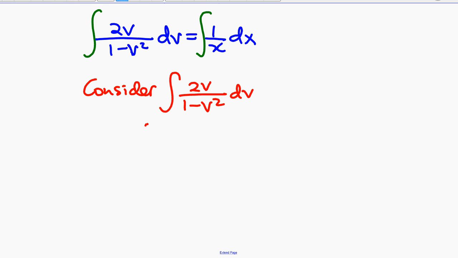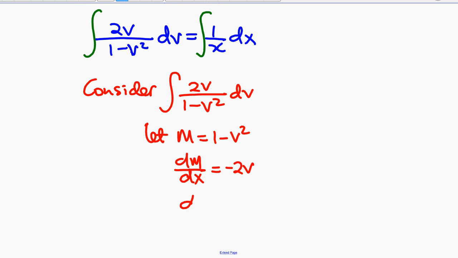So let m be equal to 1 minus v squared, which means dm over dv will be equal to negative 2v, which means that dv will be equal to dm over negative 2v.